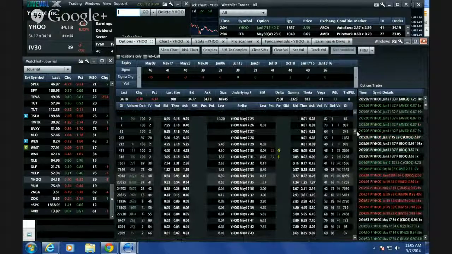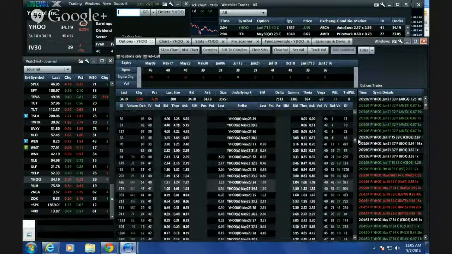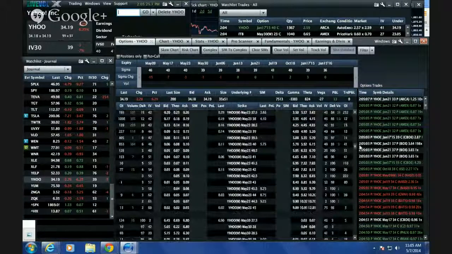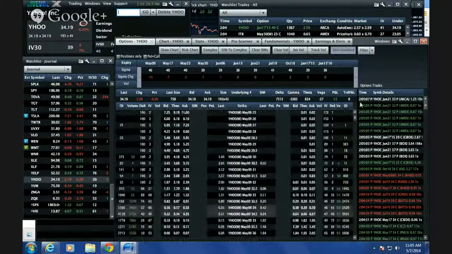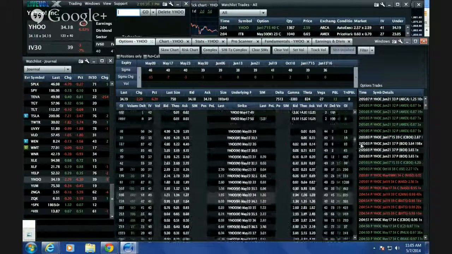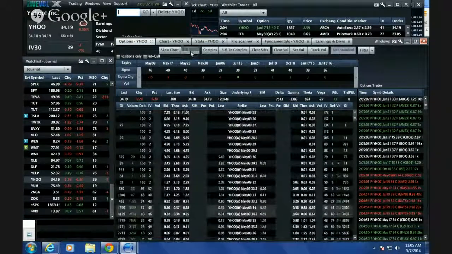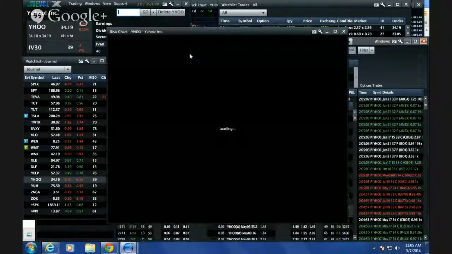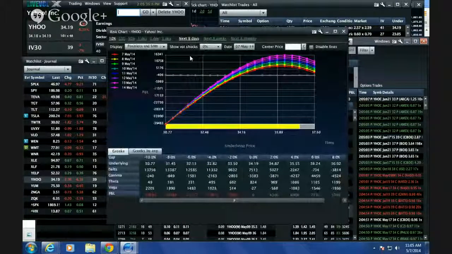But what I did, just to illustrate it, was put it in the position. So let me actually zero this out. What this simulation does is, if you type something in, it simulates what you have, and then you can put in all the other trades. So let me see the risk chart.